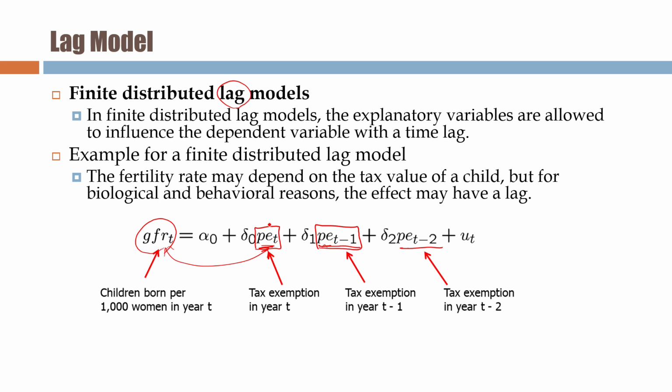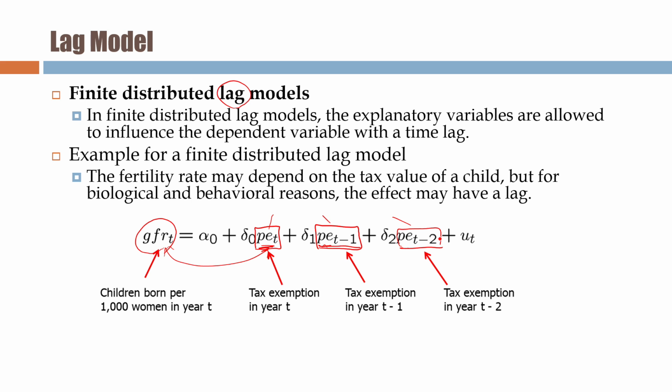This is all the same variable, but different time periods. So can we use last year's information? Because obviously if the tax exemption boosts up the child born rate, that effect comes to be realized, I mean, that will be realized 1 year later, obviously.